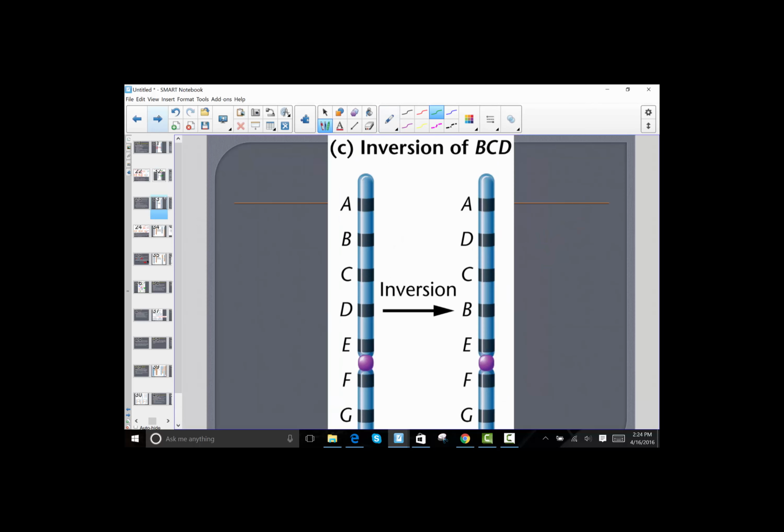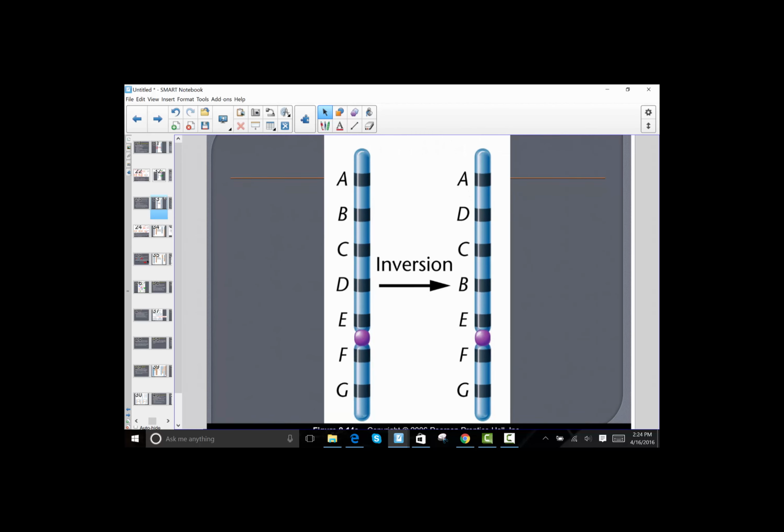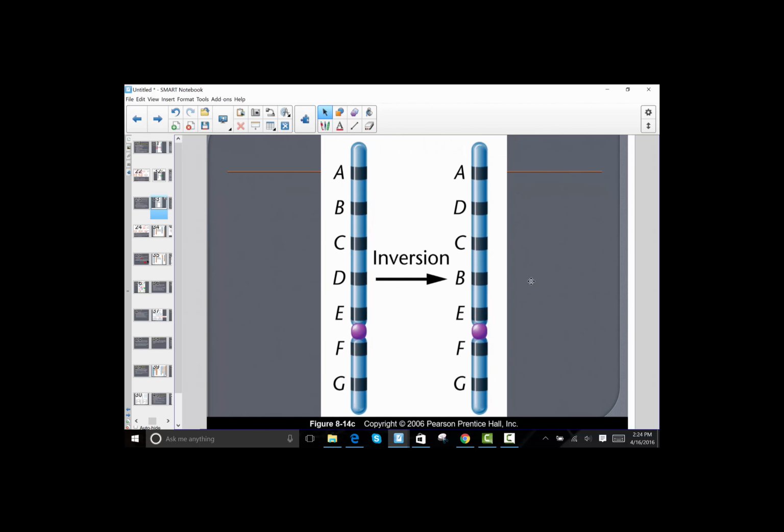So this is an inversion of B and C. And so what happens is, in our inversion, you have A, B, C, D, E, F, and G. So again, this is our normal chromosome, okay?